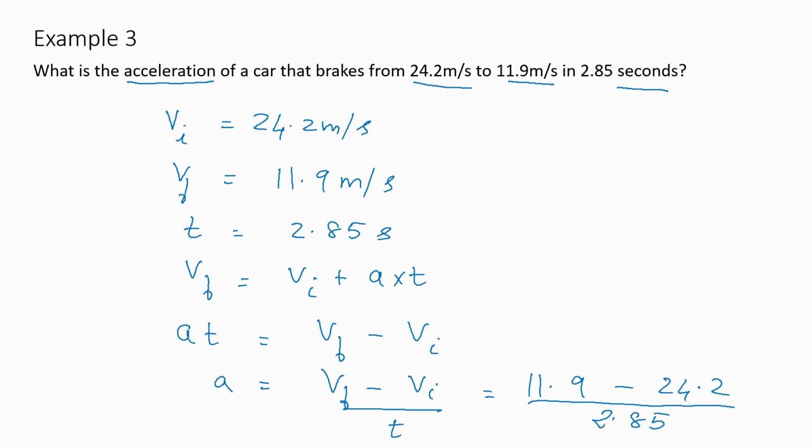As we are subtracting a bigger number from a smaller number, the answer will be negative. So the answer is minus 4.32 meter per second square. That is the value for acceleration. As it is negative, we can understand that he is decelerating.